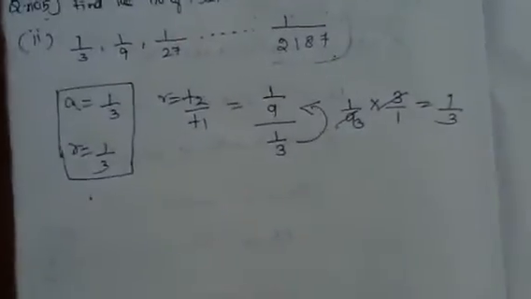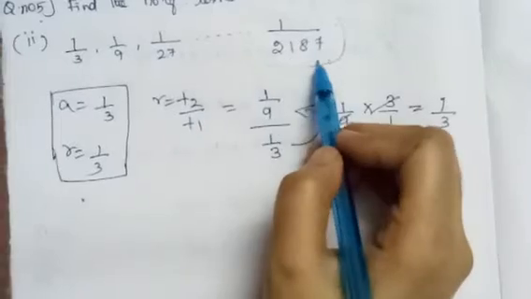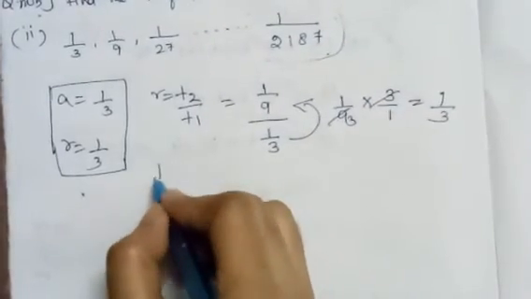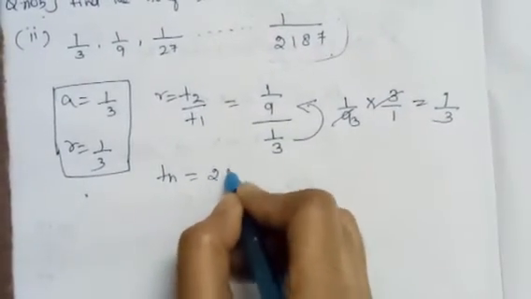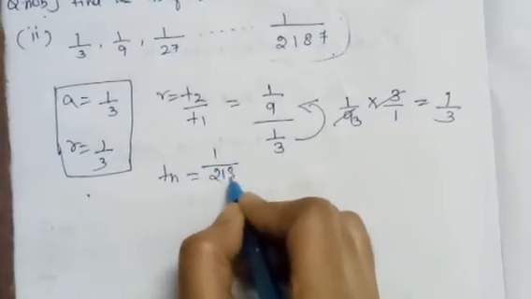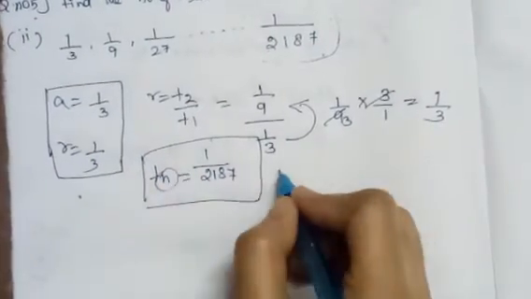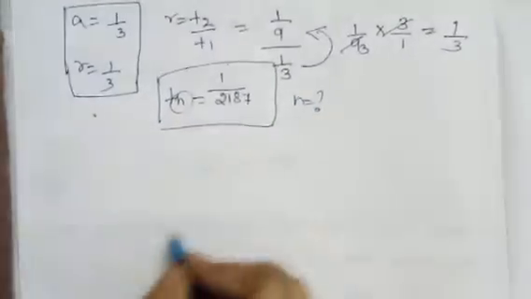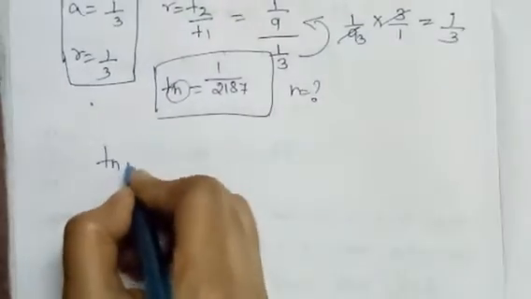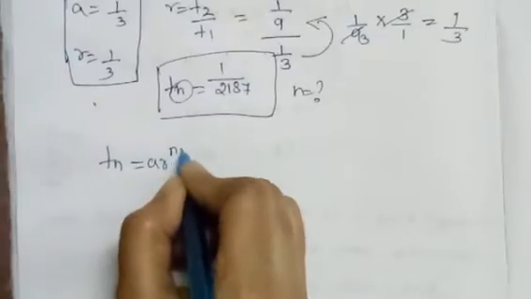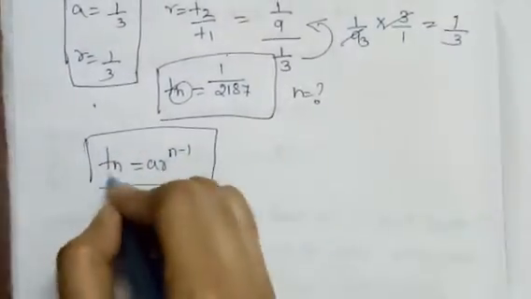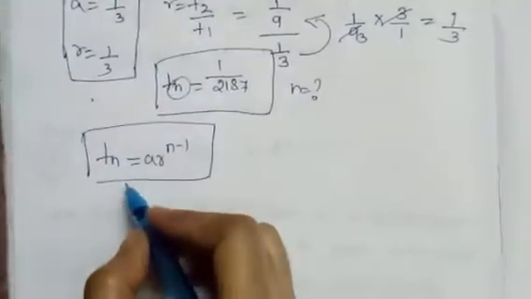One more term is given in the question, 1 by 2187. That means they have given the last term, 1 by 2187. They have given the Tn value and they asked us to find this n value. Okay, let us find what is our Tn formula. Tn is equal to AR power n minus 1. Substitute all the values in this formula.